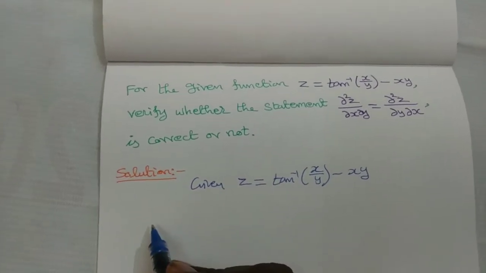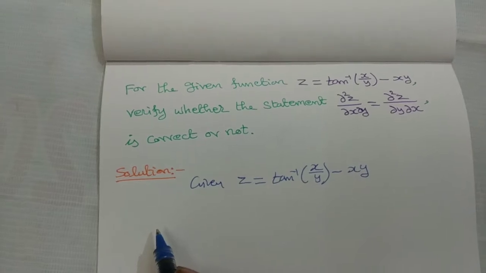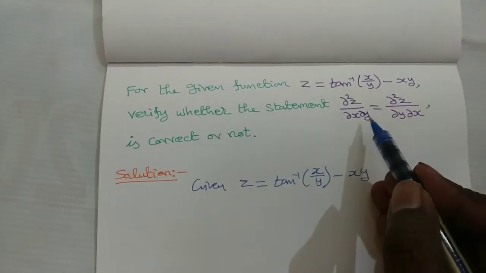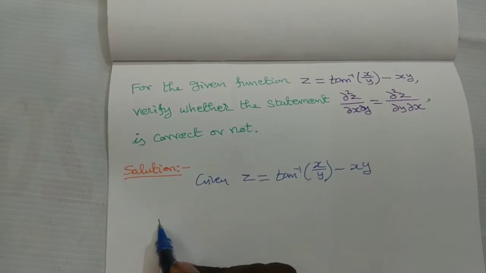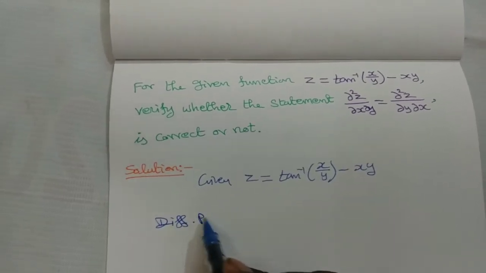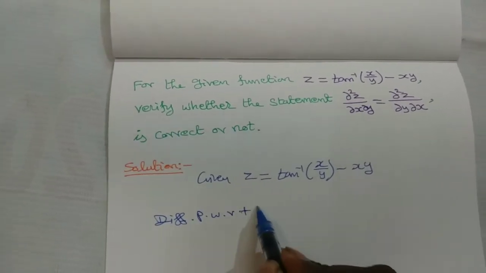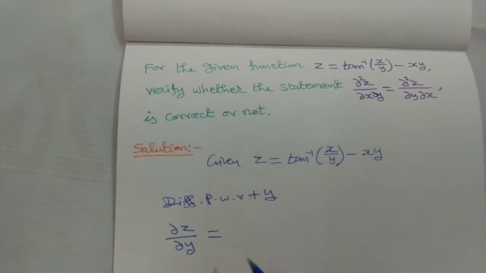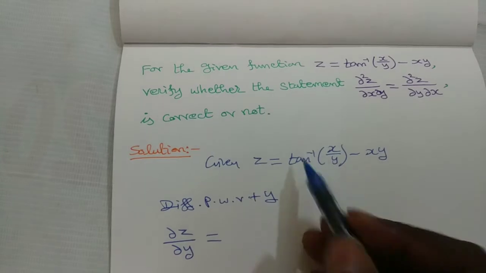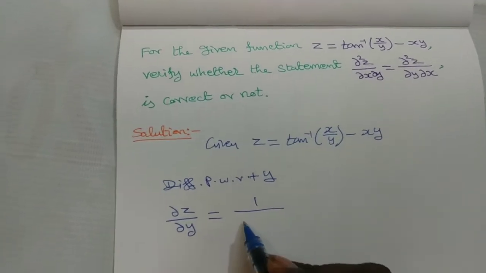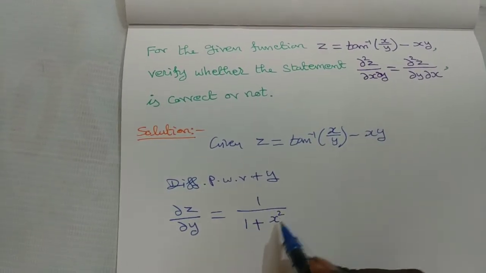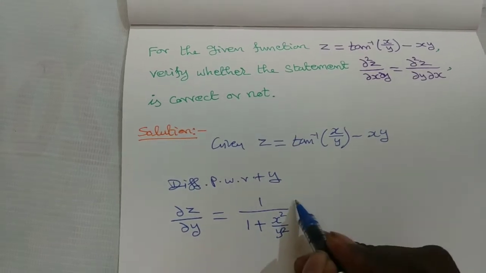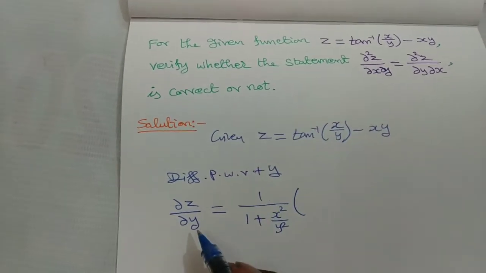So first I am going to differentiate partially with respect to y, because first y, next x. So differentiating partially with respect to y, ∂z/∂y is equal to differentiation of tan inverse, which is 1 by 1 plus x square, and the differential of the inner term with respect to y.